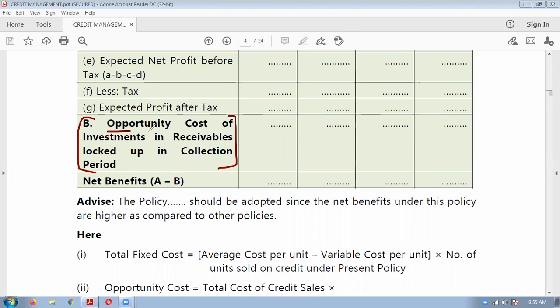That is known as the opportunity cost of investment in receivables locked up in the collection period. Once you give goods on credit, your amount will be blocked. If you sold on cash, you could have received that amount immediately and invested it somewhere else. That opportunity cost you have to take into consideration before making the net benefit calculation.